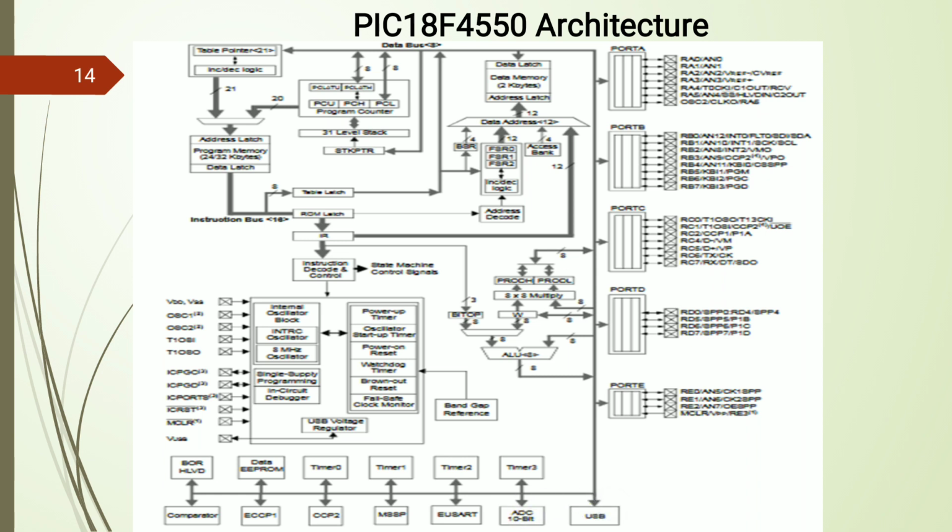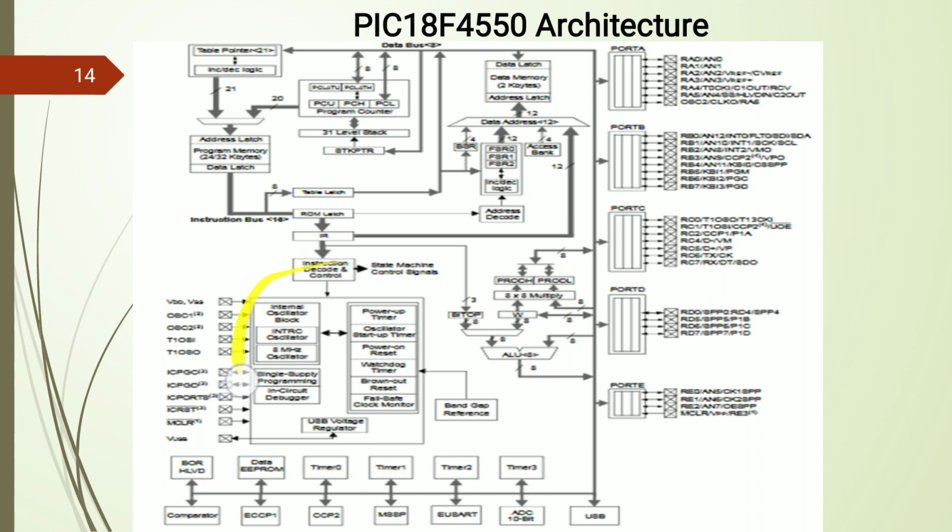ADC, again improved ADC, that is instead of 8 analog inputs, here 13 analog inputs are there, and bit resolution capacity is 10 bits, same. And an important additional feature is USB. So if we start from the bottom side left to right, various peripherals are available.